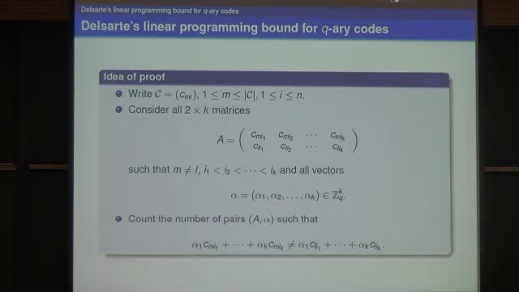For the binary case, this is just 1111. It says that the number of ones of the first row and the number of ones of the second row are different, so that means the total number of ones is odd.